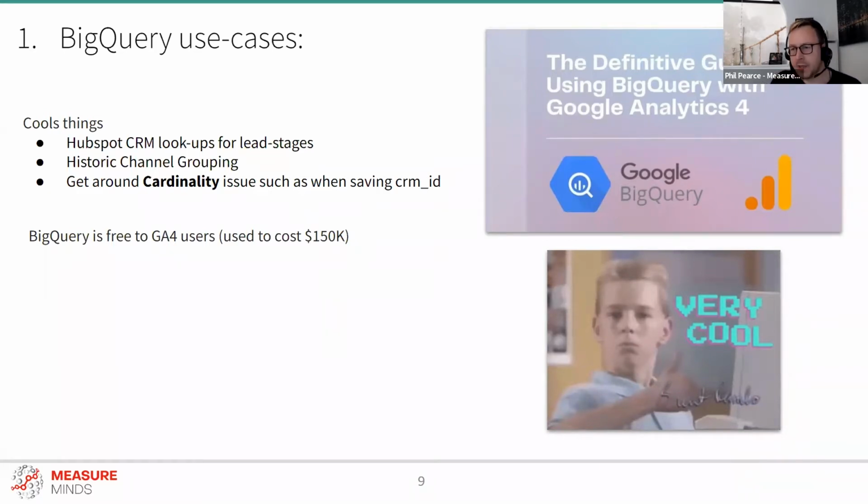So my tip is, if you are storing a CRM ID, use GTM server side to collect to two different GA4 accounts, one with CRM IDs turned on, the other without. So you have one profile where you don't have cardinality and one profile where you do.